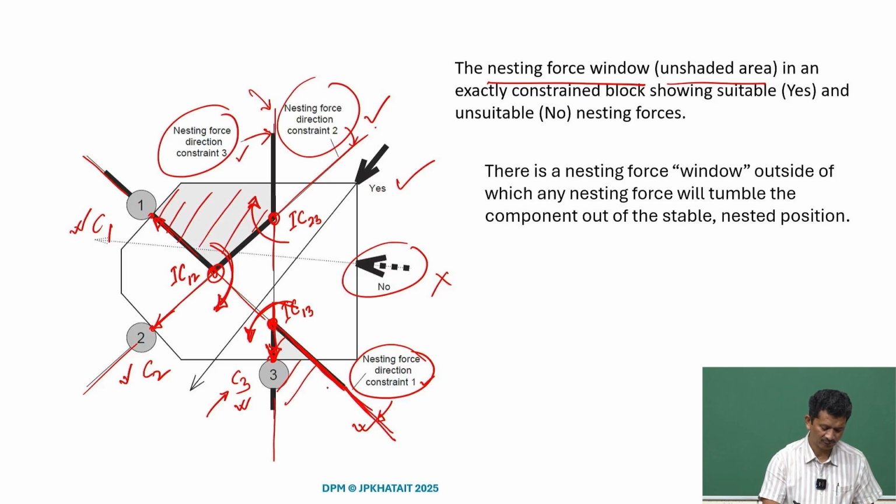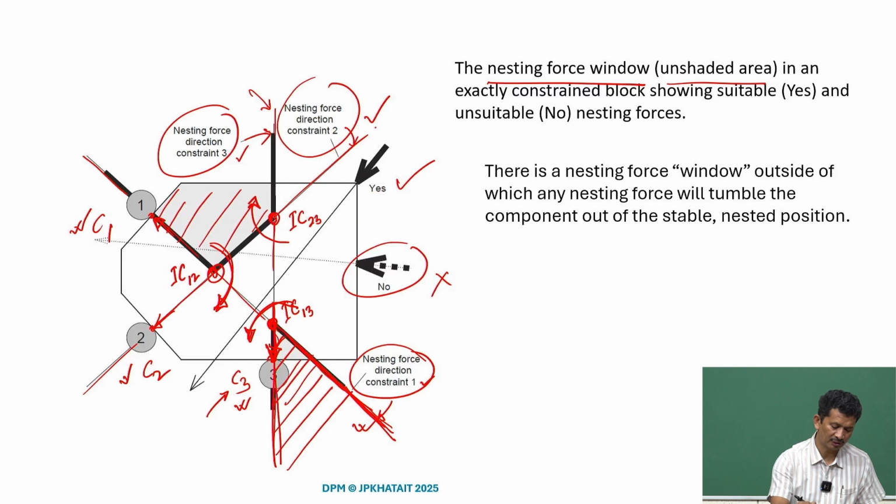is that any force coming through this one will not comply with the IC13 requirement, same with this one. So this is a shaded region; the force should not pass through this area. Similarly, if we start from IC23 and go along these lines, suppose a force passes through this line like this.